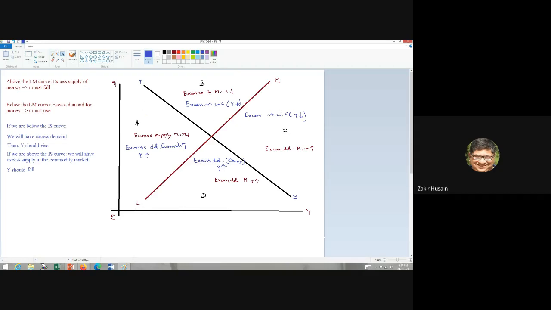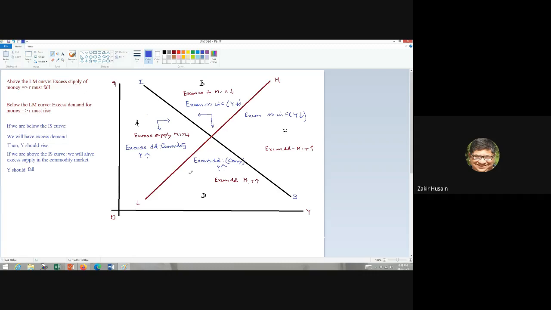But whichever point we are at, if you look at it carefully, see what will happen. The rate of interest will fall, so we are moving down. Income will increase. So we are going toward the LM curve and IS curve. Over here, Y will fall. So this rate of interest is also falling.